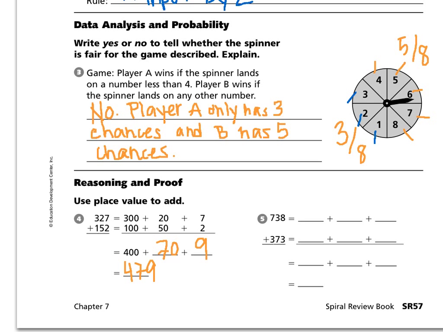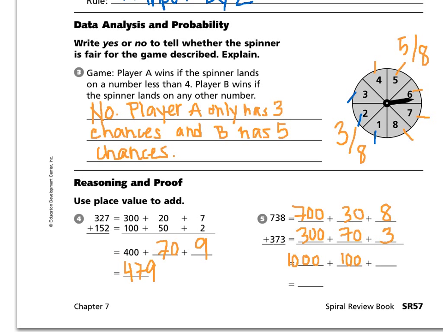738, break it up into expanded form where you have 700 plus 30 plus 8, and 378 would be 300 plus 70 plus 3. So now I have 700 and 300 that I need to add together, and I know that that would be 1,000. Now I have 30 plus 70, and I know that would be 100.